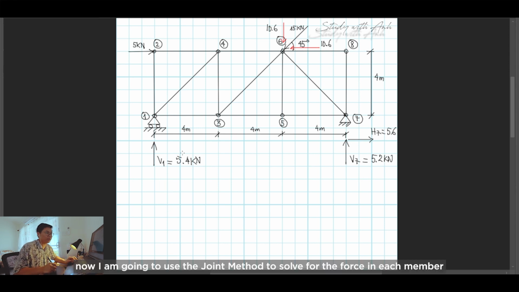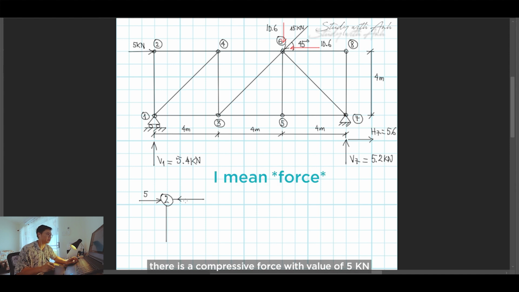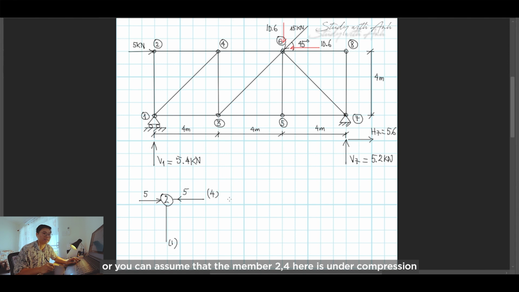Now I'm going to use the joint method to solve for the force in each member. We need to start at node 2 first. Looking at node 2, there's a load going like this with the value of 5 kilonewton. I can say it straight away, or you can assume that the member here is under compression and write the equilibrium condition: 5 here, and then minus F24 equals 0.